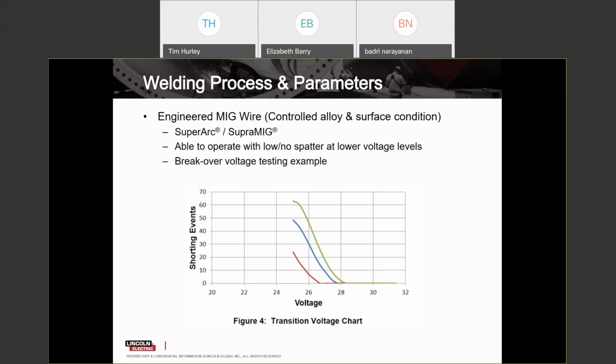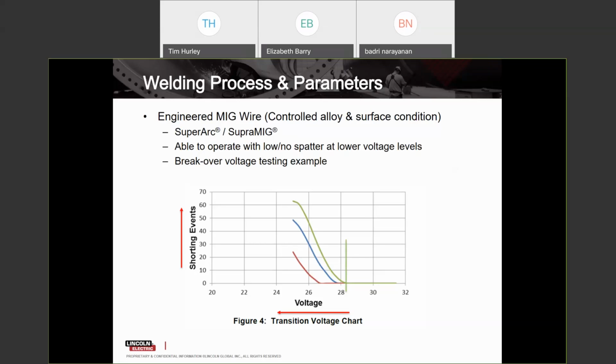What breakover voltage means is the wire is run at a fixed wire speed, and then we reduce voltage. As we reduce the voltage, we measure the shorting events. So the more shorting events that occur, the more spatter that is generated. So as voltage goes down, shorting events go up.